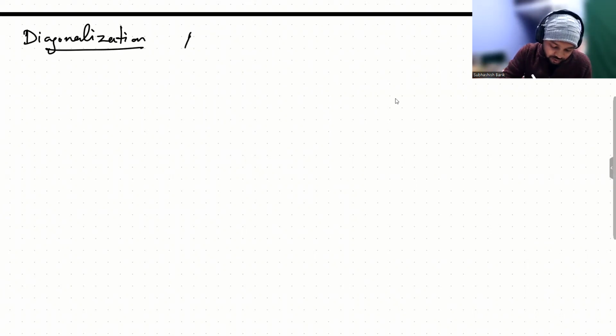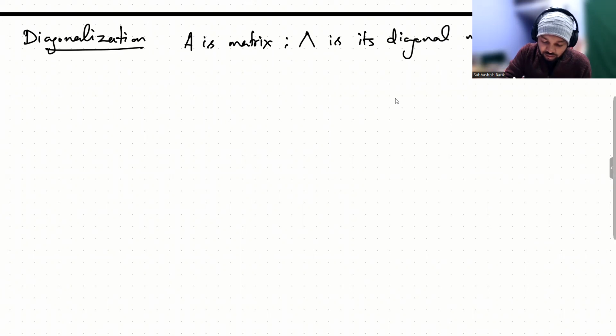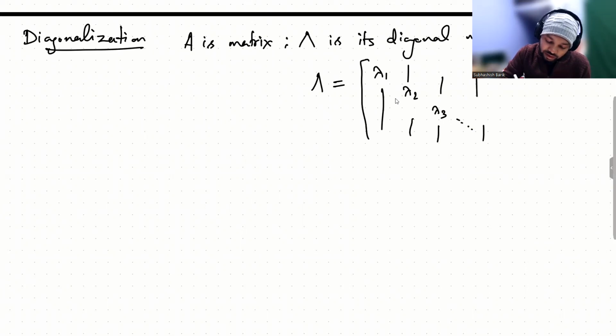So let's say A is a matrix, and lambda is its diagonal matrix. This diagonal matrix is lambda 1, lambda 2, lambda 3, so all the eigenvalues are on the diagonal, and everywhere else it's 0.